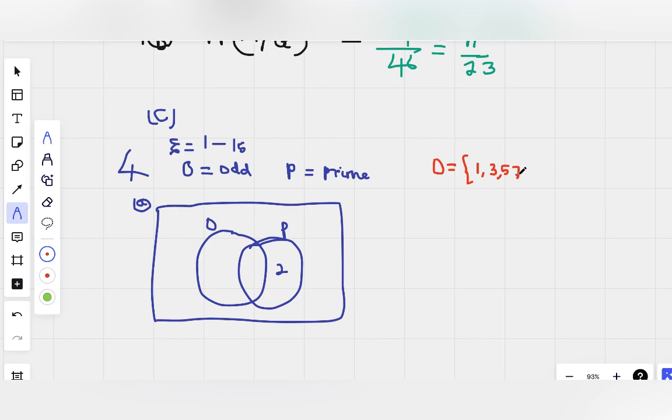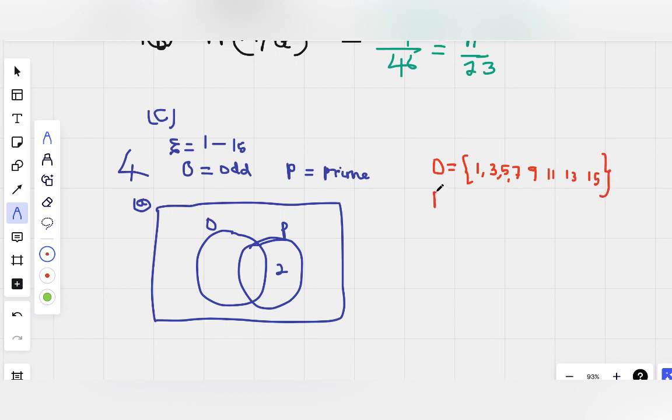Okay, when we get to 15, we stop. 7, 9, 11, 13, and 15. Right? These are all the odd numbers.